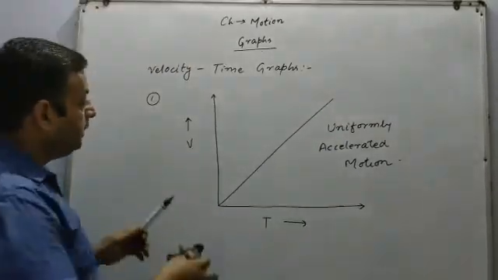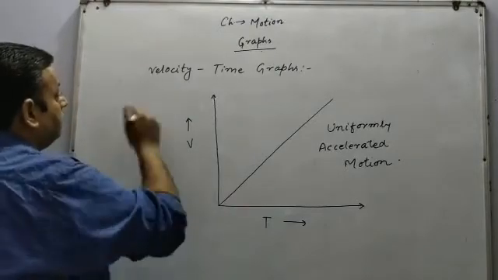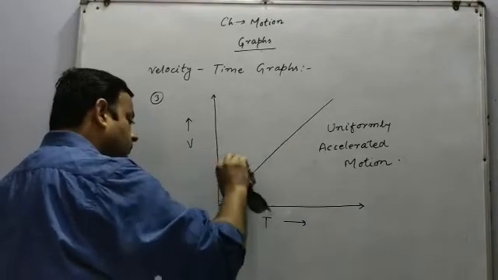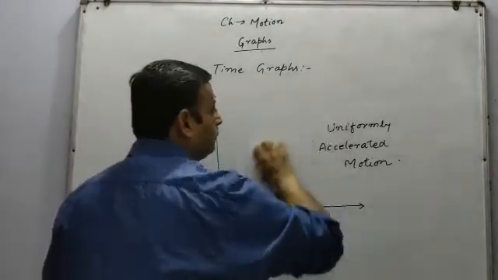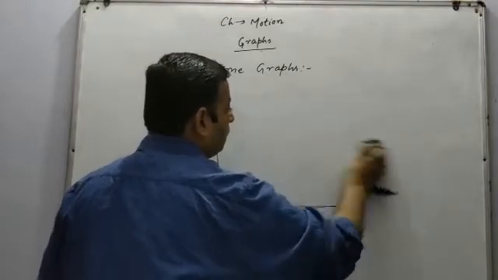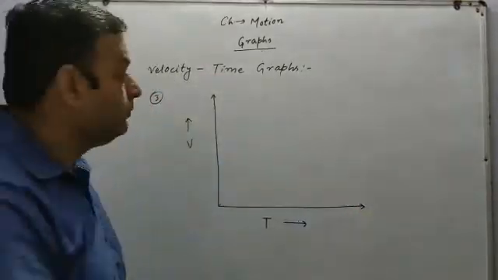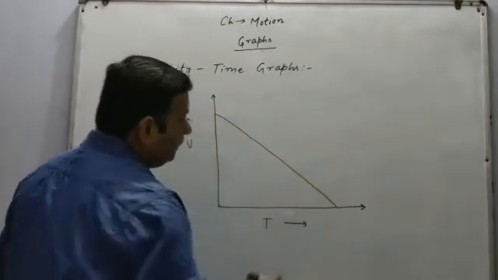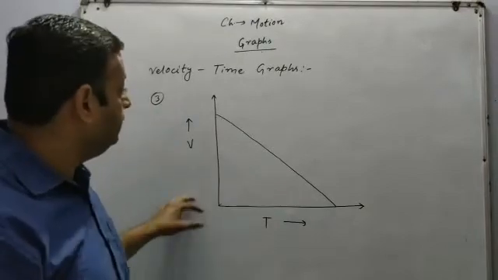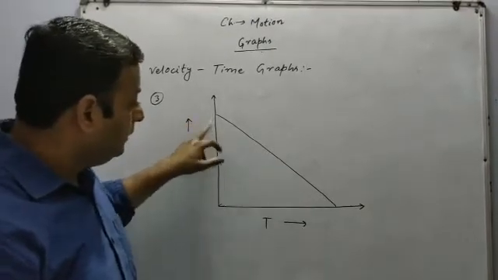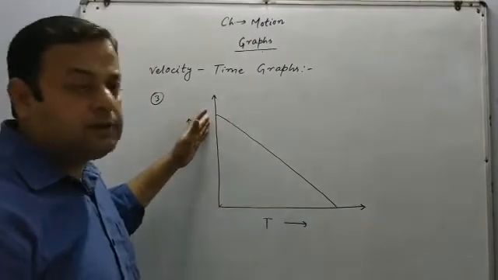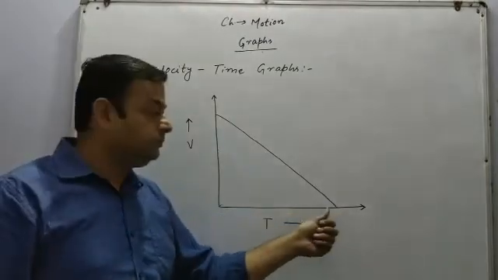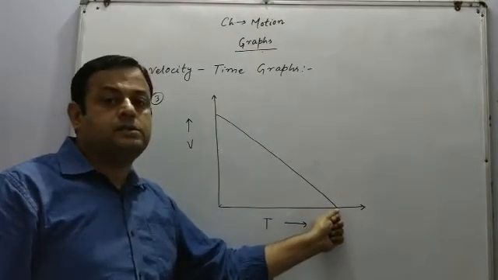Now the third type of graph is this. In this graph we are able to see that the initial velocity is more, having some magnitude, but the final velocity at the end of the journey is 0 because the height of this point is 0.